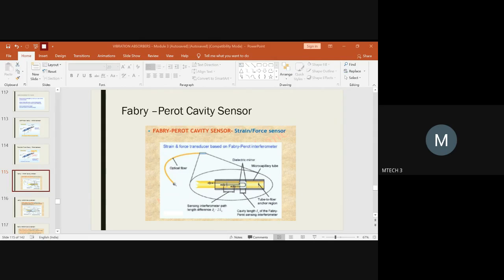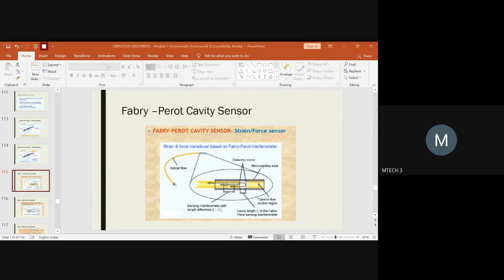Which type of characteristics was it? Transmission characteristics, and also attenuation and dispersion. And we also dealt with different types of sensors.